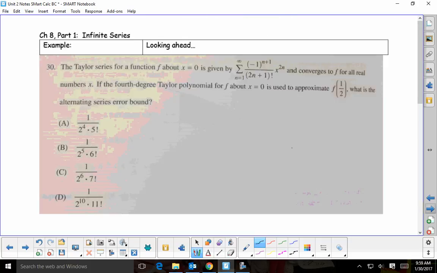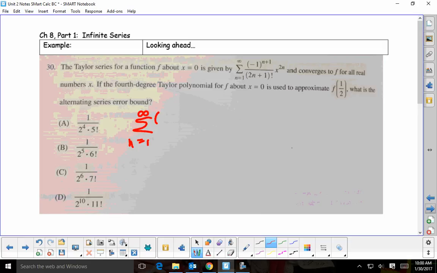Now, let's look at this. This is kind of looking ahead to what we're going to be doing in the second part, just so you can see. You're going to get x's and n's. It's going to be really important that you know what's going on. So before we even start reading the problem, I want us to take this over.